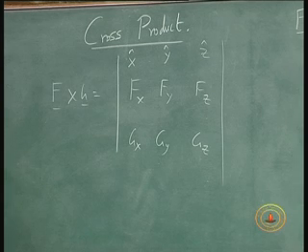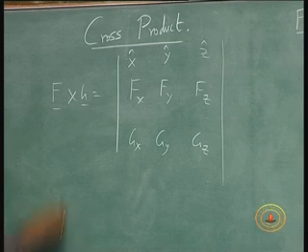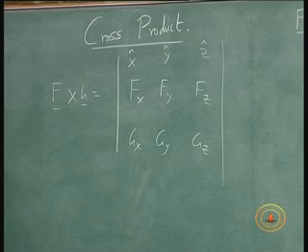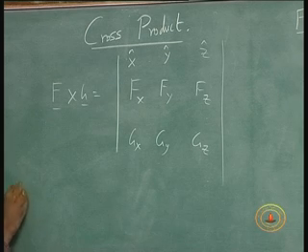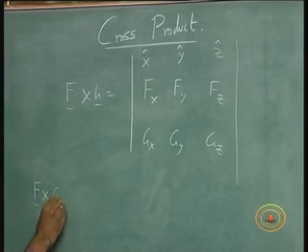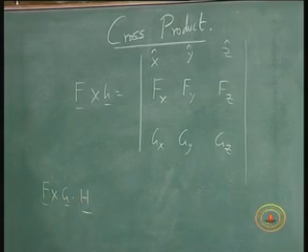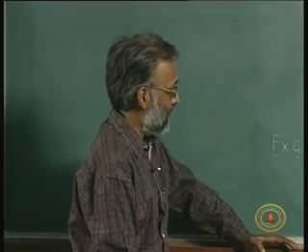Now, why is that important? Well, one of the important applications that immediately comes is that if I wanted to take the cross product and dot product it with something else. So, supposing I said f cross g dot h. What would happen?